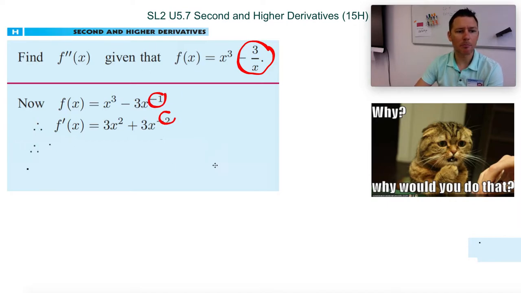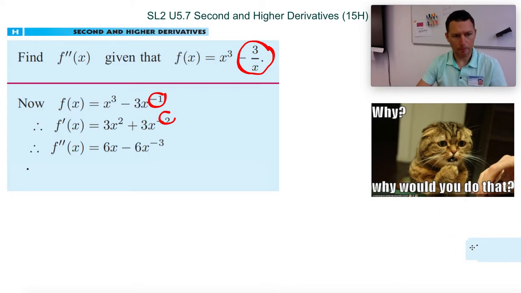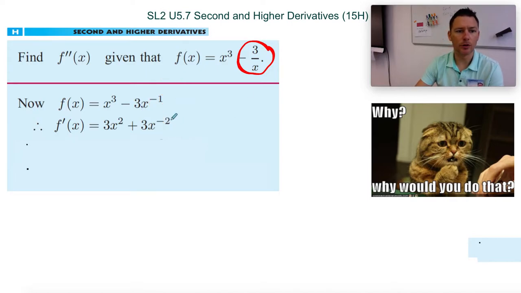And perhaps we throw it back into fraction form if you were going to leave it, but they asked us for the second derivative. So just differentiate the first derivative and you get the second derivative. So we're going to multiply this in and decrease the exponent and then do the same here.